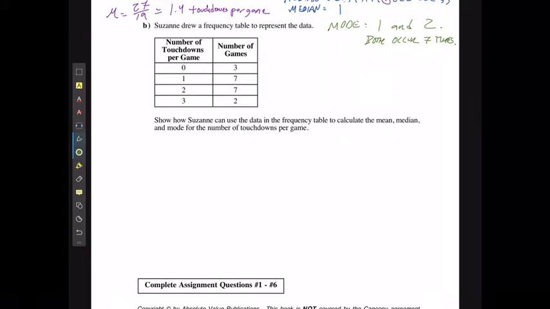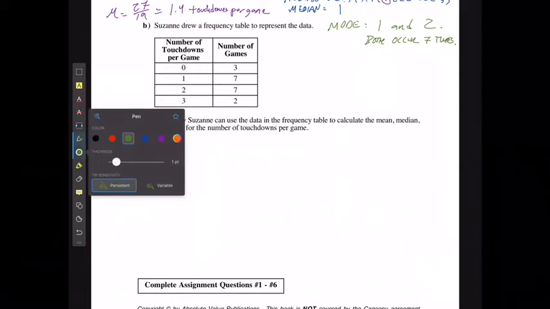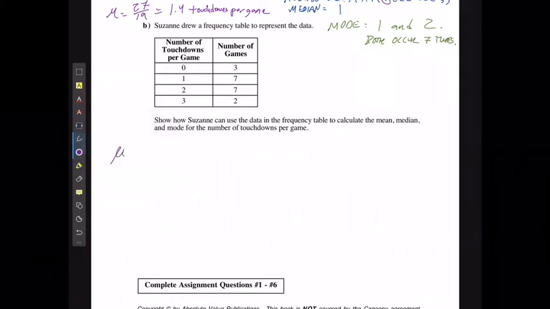If I'm determining my mu from a frequency table, as opposed to having to add up all the numbers individually, I could say that mu is equal to, well, 0 happened 3 times, so I'm going to multiply that by 3 times. 1 happened 7 times, so 7 times the number 1. 2 happened 7 times, the number 2.